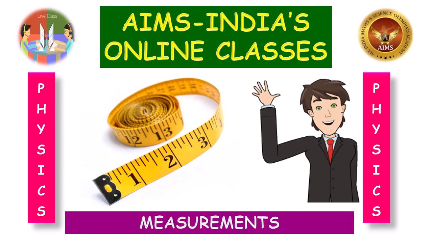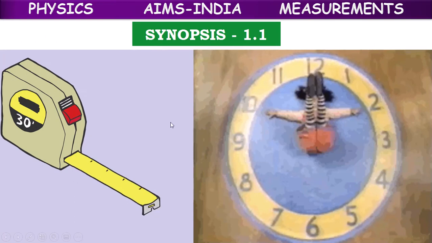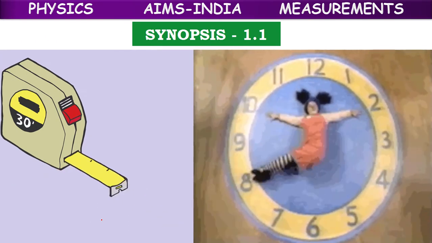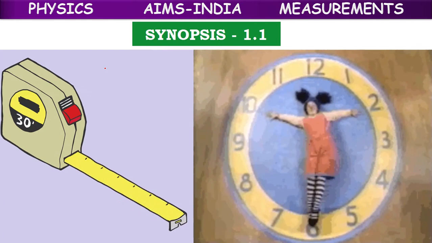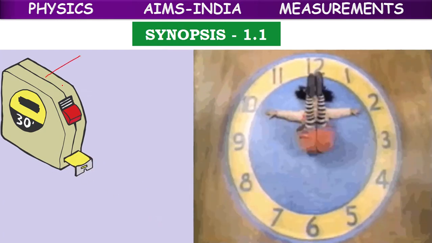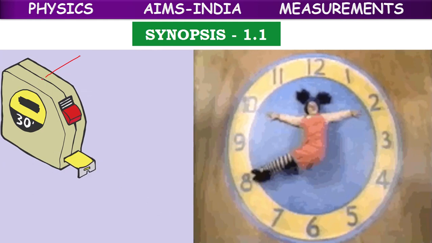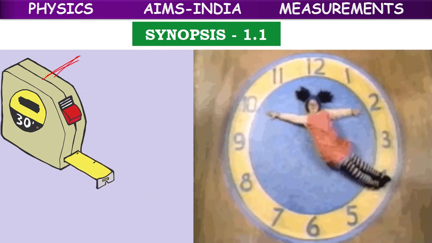Today from physics subject, a measurement topic we are going to learn. If you observe the pictures here, children, we are having one instrument called a tape. Where might you have observed this kind of instrument?